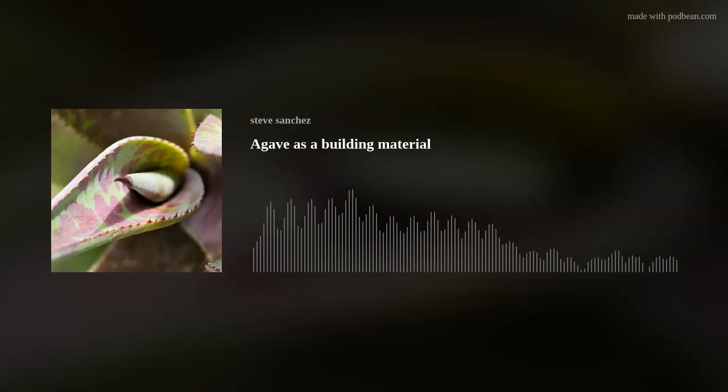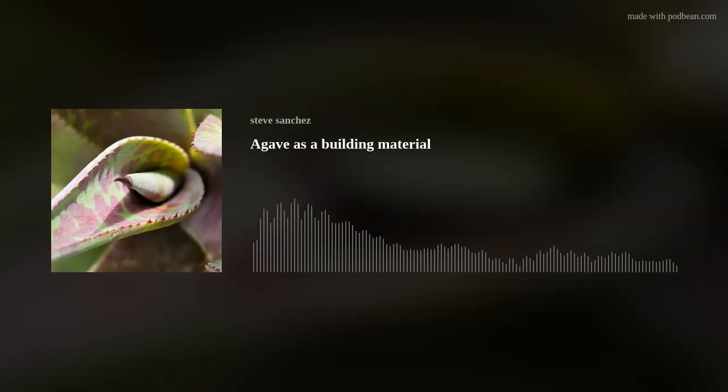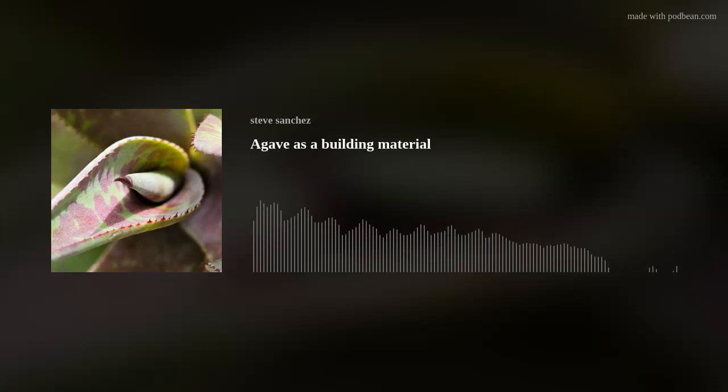Because if we start having R-values behind agave insulation, we need these statistics to show people, oh, it's X amount stronger, or X amount cheaper, or it's got X R-value for its cost, it's efficient or whatever, right? So builders need that stuff to make decisions that many times are based on economics as well.